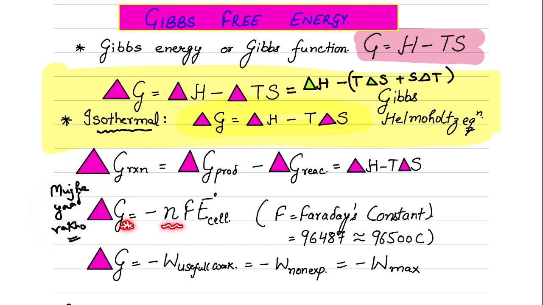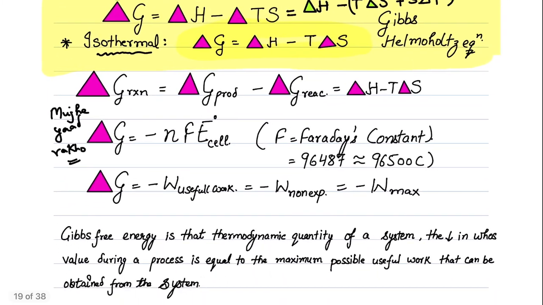There is again a formula that states that delta G is equal to minus nFE0 cell, where F is Faraday's constant and its value is 96487 or approximately 96500 coulombs. And we also know that delta G is equal to negative of useful work, or negative of expansion work, or negative of maximum work.